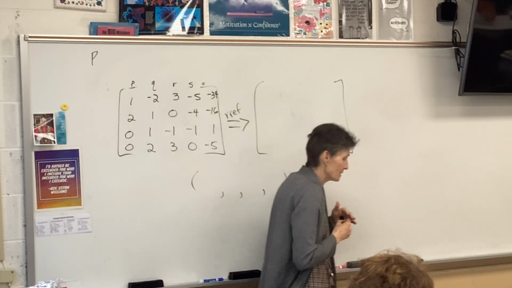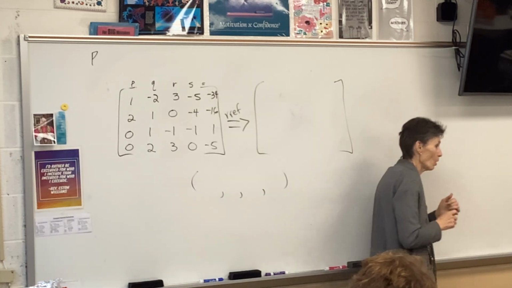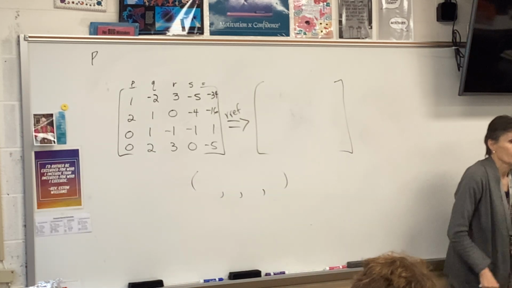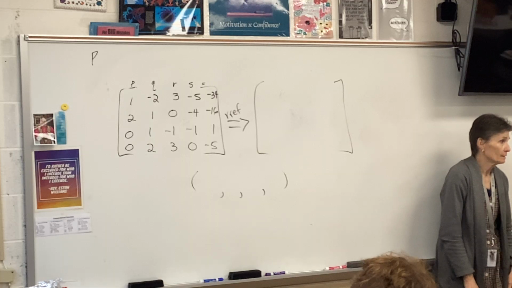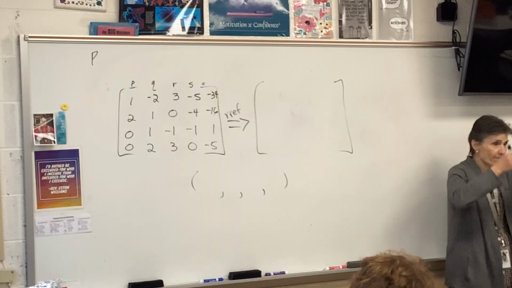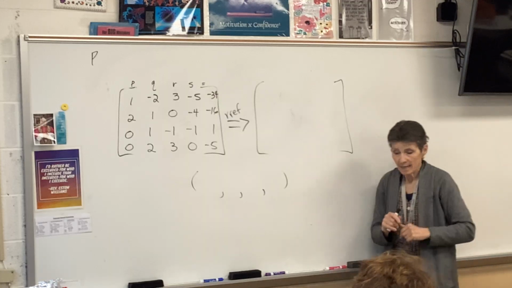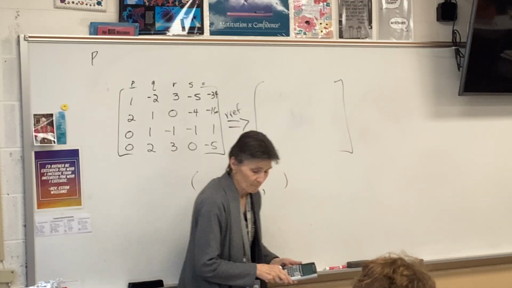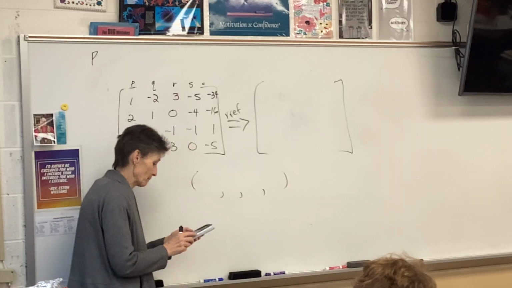What happens if you put in the wrong matrix? You will get the wrong answer. So make sure that you are lining everything up and getting the zeros in the right spots.